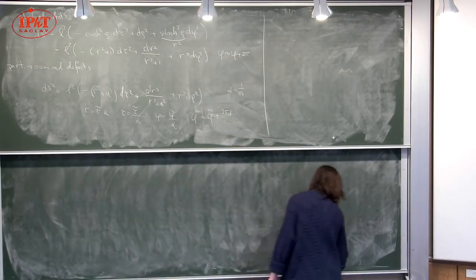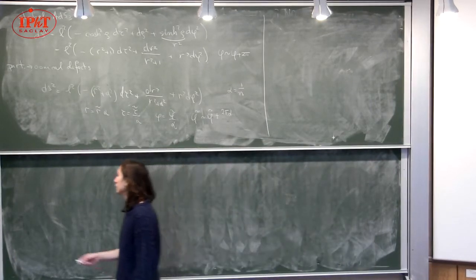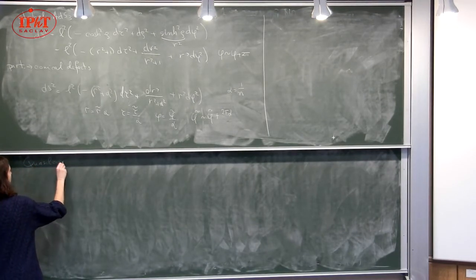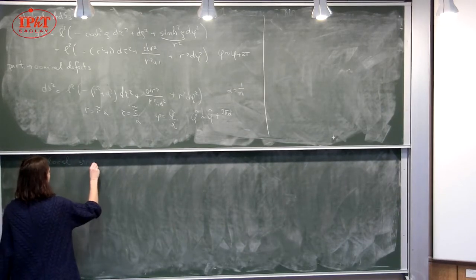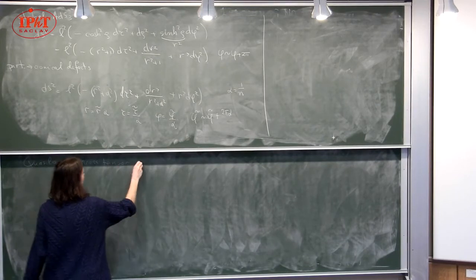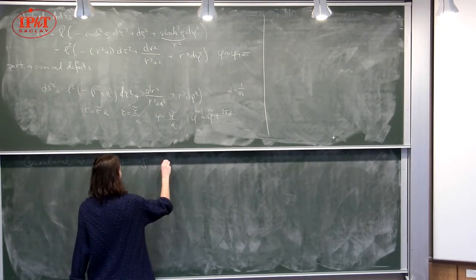This formalism is known as the quasi-local stress tensor of Brown and York, which you then integrate to find the energy.